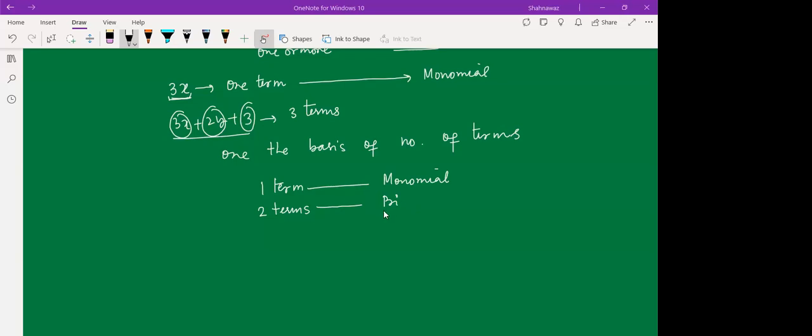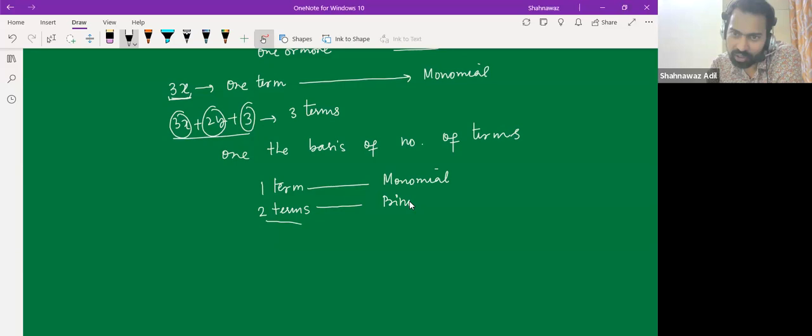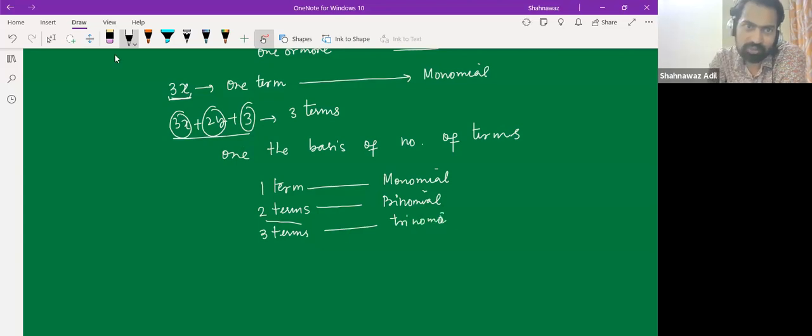Yeah. So whenever we have two terms, this would be called binomial. And whenever we have three terms, this would be called a trinomial. So on the basis of the number of terms, the polynomials are defined differently.